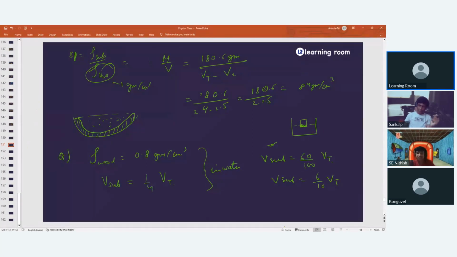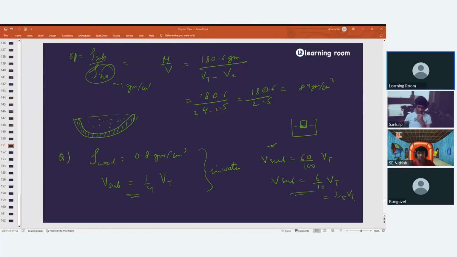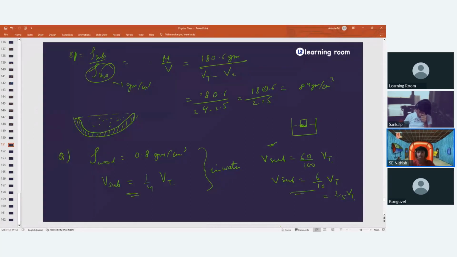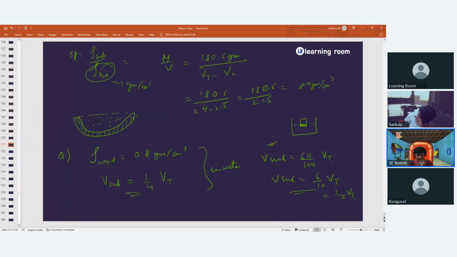First understand here. If the volume of the wood is like X, then the volume of the oil will be like X divided by 4?